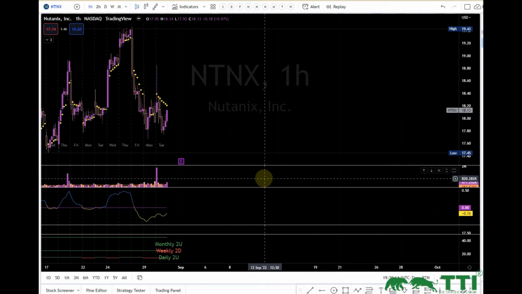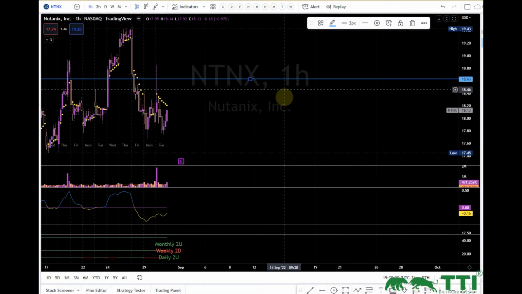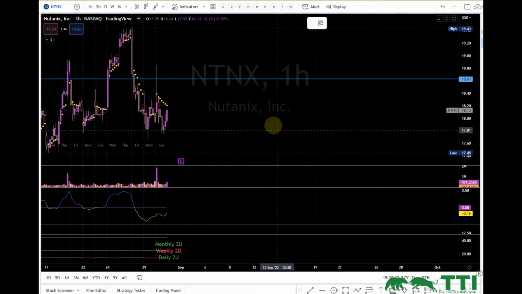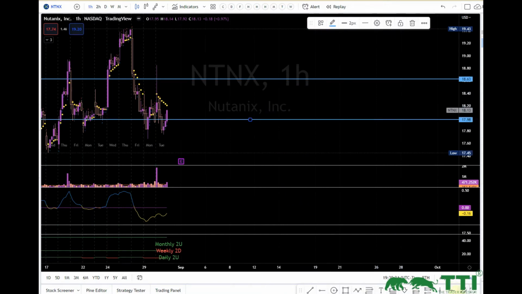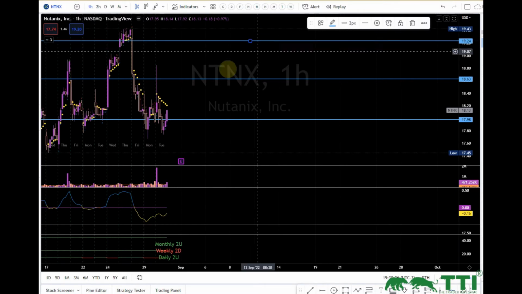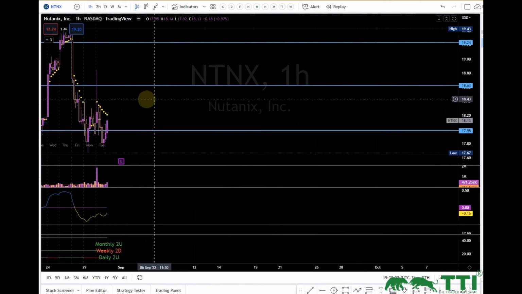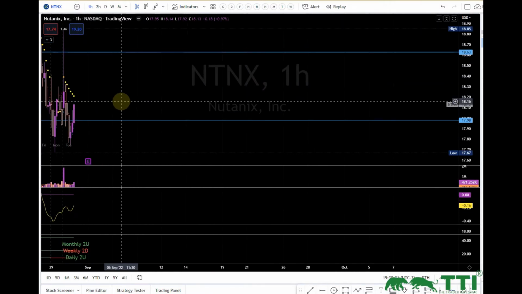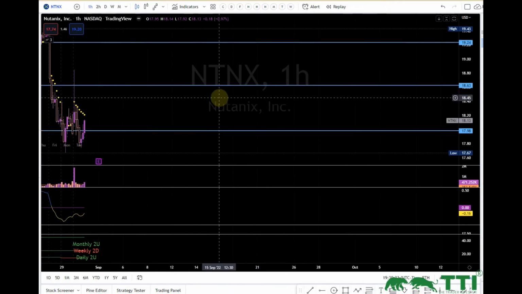Maybe the viewer has not seen this. So let's say you've drawn your support and resistance lines, and just ignore this other side. We're just going to focus on an empty chart like this.